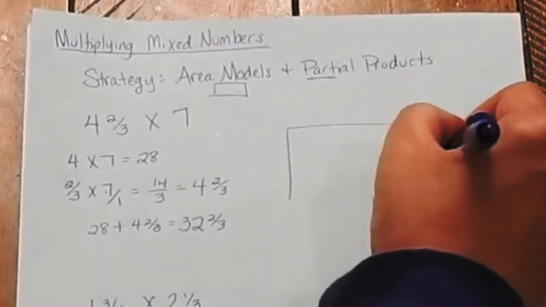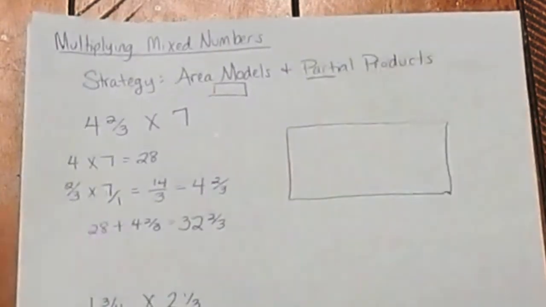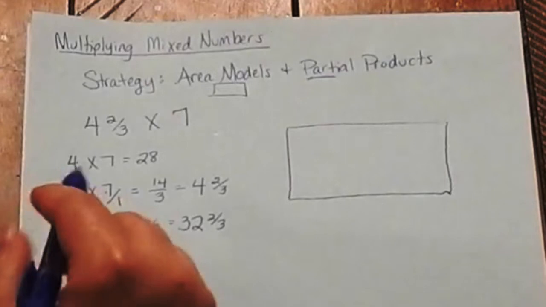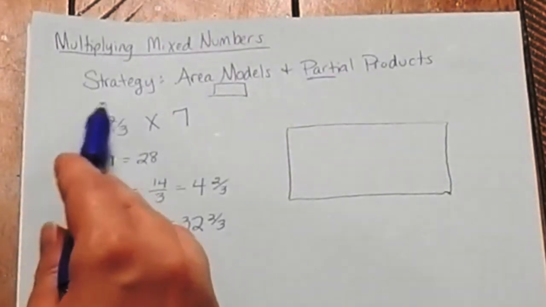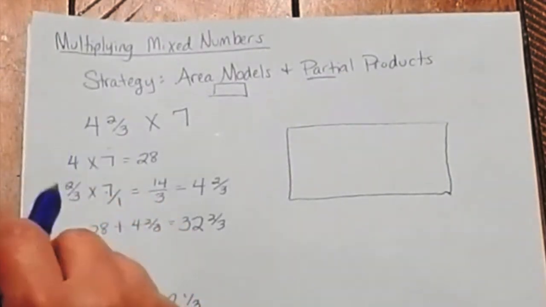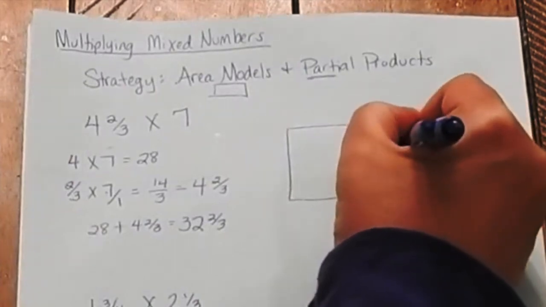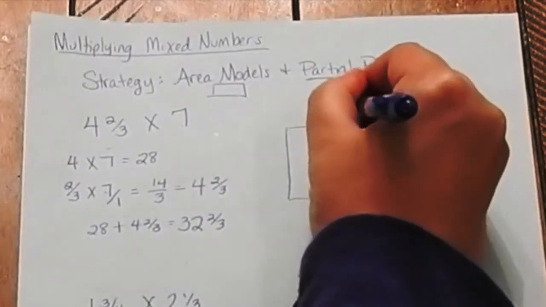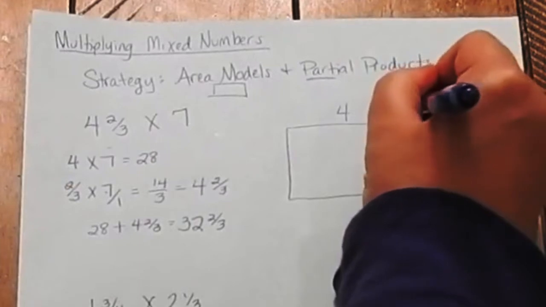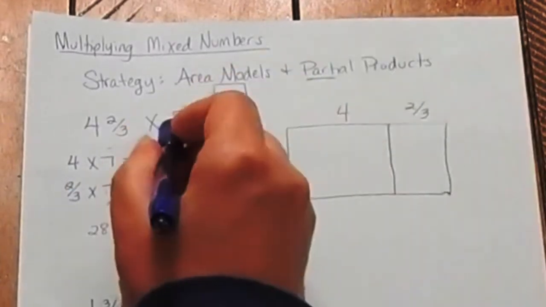And then if you want to look at the area model, you can just go ahead and draw that rectangle. And you're only going to have to split up one of these products, the 4 2/3, because it's actually in 2 parts. So I'm going to just divide that rectangle up into 4 and the 2/3 times 7.